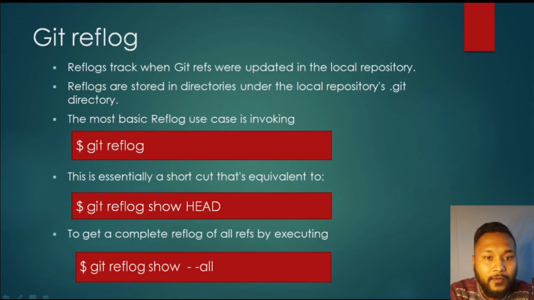Now let's move on to Git Reflog. So what is Git Reflog? It's basically a mechanism that tracks all the changes and histories of data at the tip of the branches. To be precise, the tip of the branch means the latest commit you did on a particular branch, and every time you do a commit, there is a change in data.